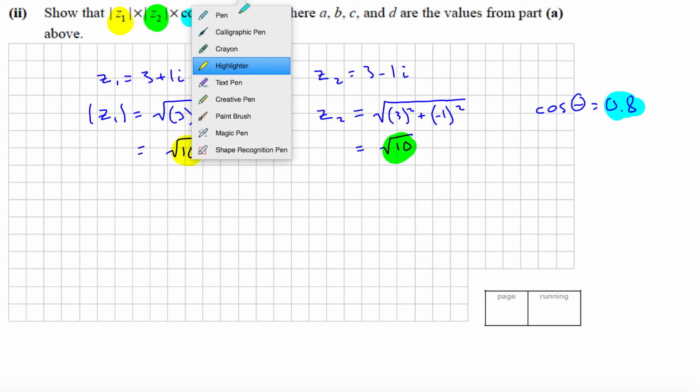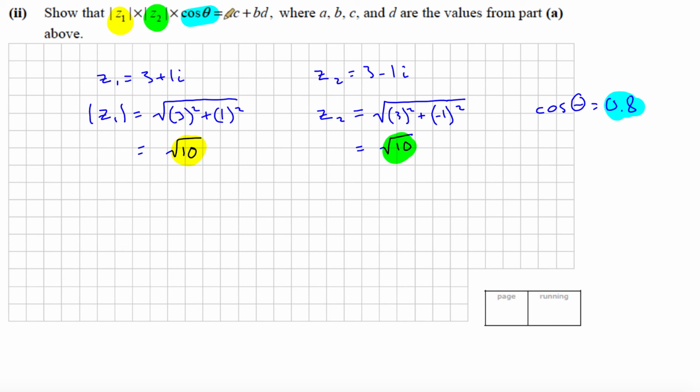So we can set up the left side of this equation as root 10 multiplied by root 10 multiplied by 0.8.